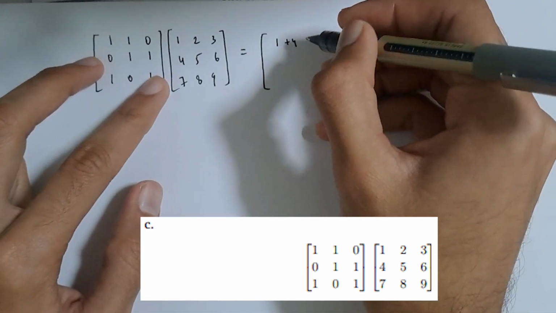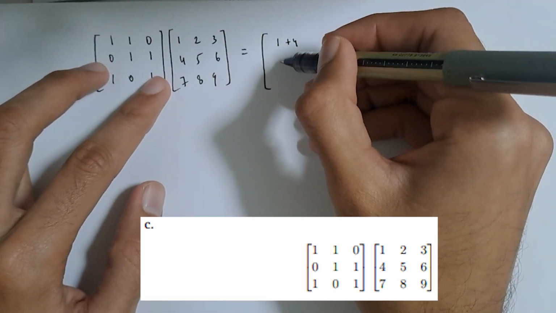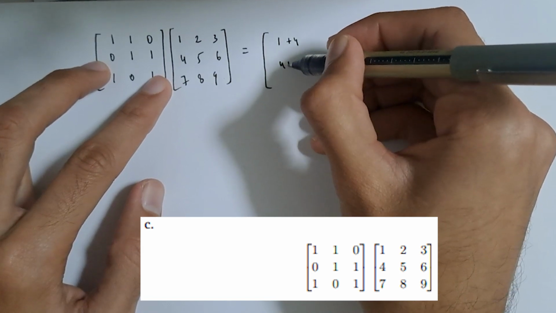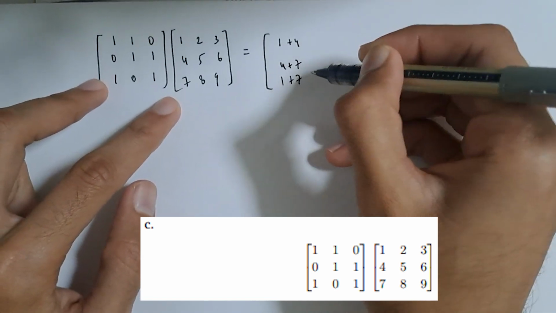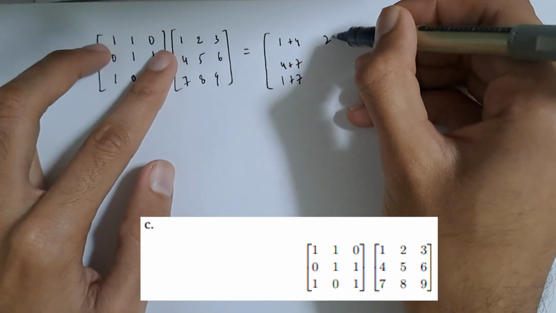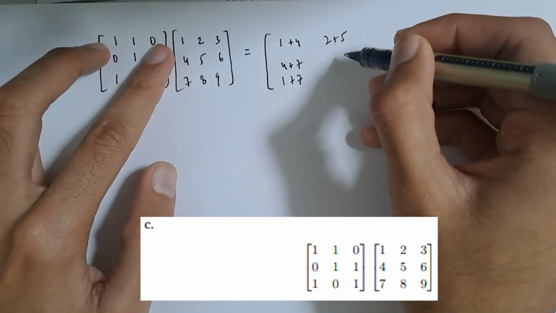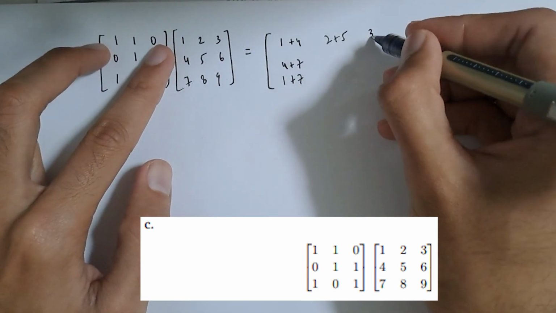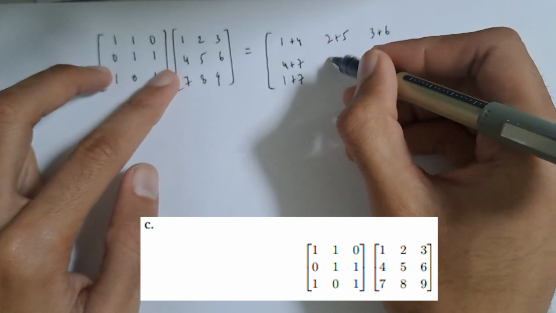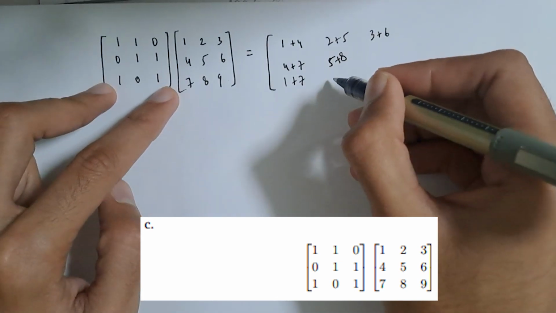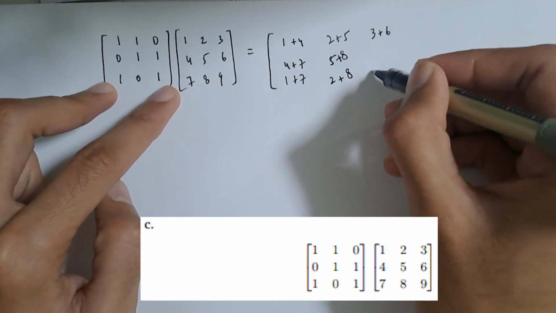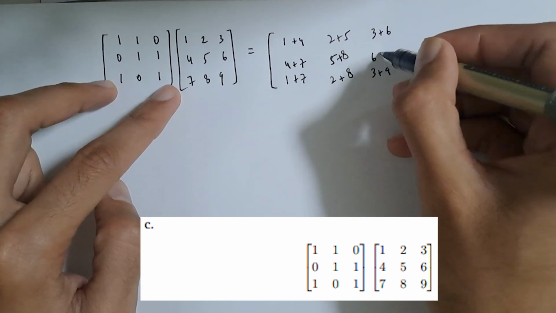plus 4. This is 4 plus 7. This is 1 plus 7. This is 2 plus 5. 3 plus 6. 5 plus 8. 2 plus 8. 3 plus 9. 6 plus 9.